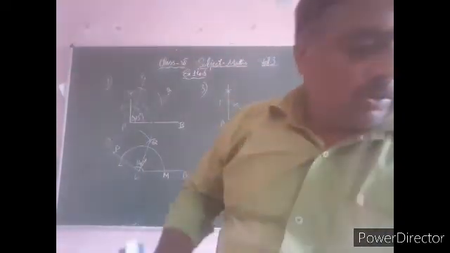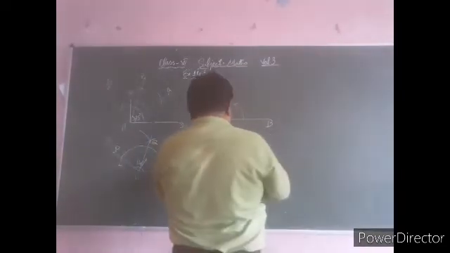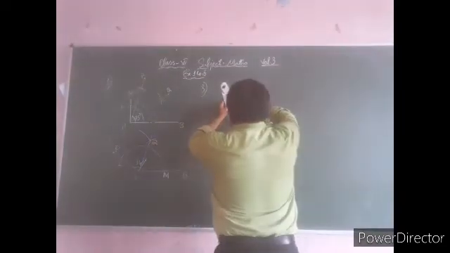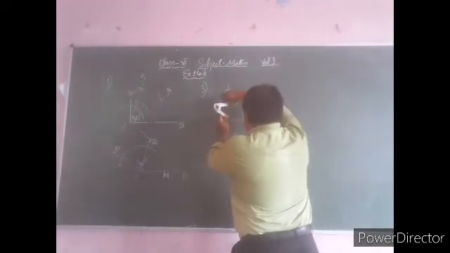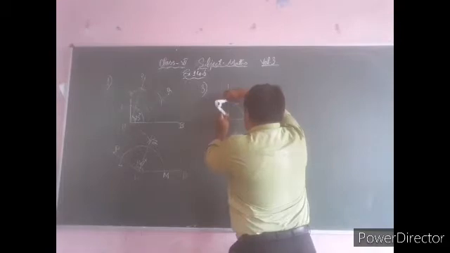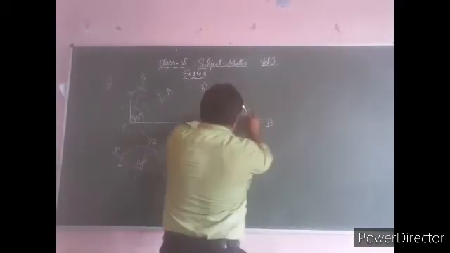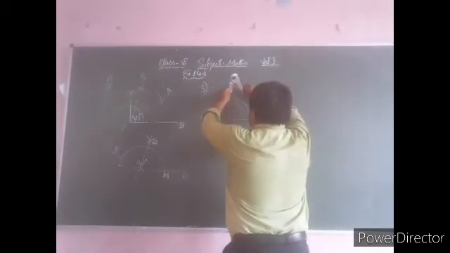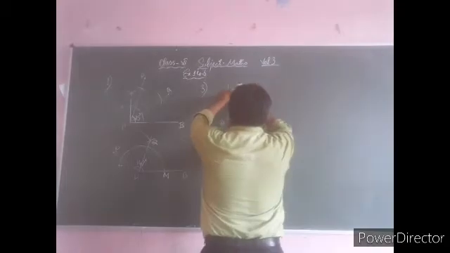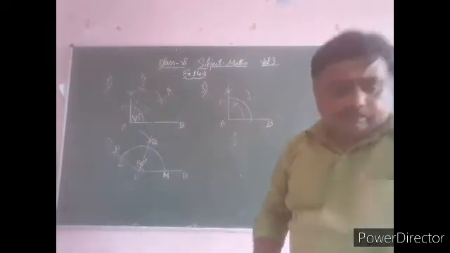Now construct the bisector. You can take one more arc, or from the same arc you can draw an arc, and in this way and this way.